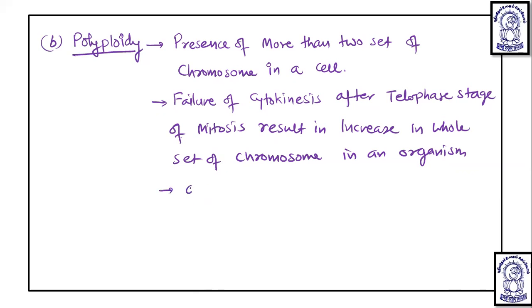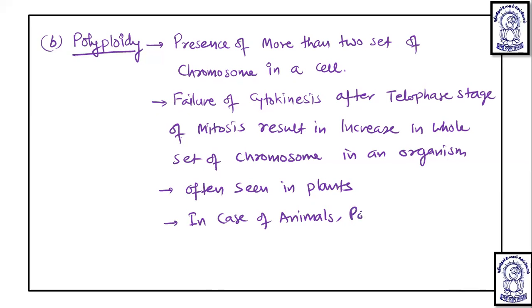Now, this polyploidy is often seen in plants, and in case of animals, polyploidy usually results in sterility.